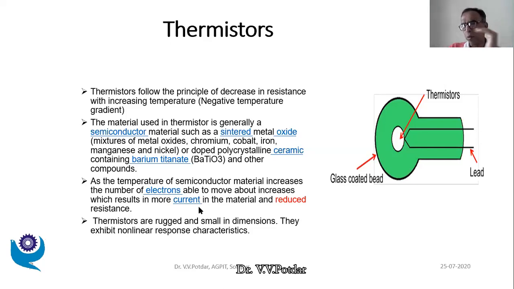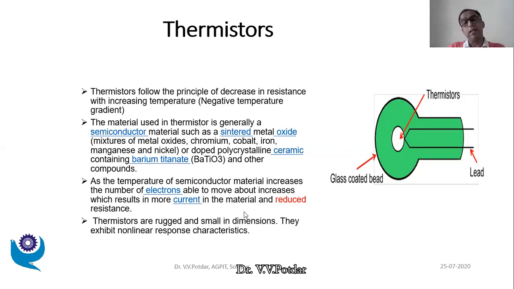When more current passes through the material, that means the resistance has reduced. So with increase in temperature, the resistance reduces as there is more flow of free electrons within this semiconductor material. That's why, with increase in temperature, the resistance of the thermistor material decreases and the current flowing through the external circuit increases. This is the principle of thermistors.